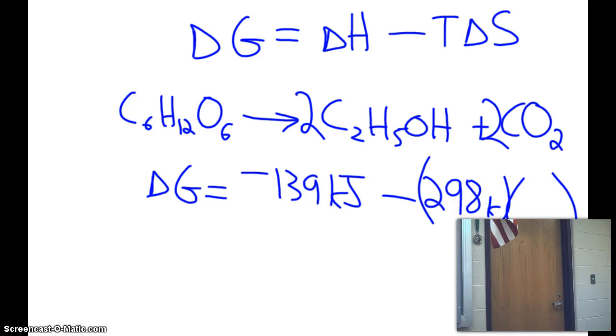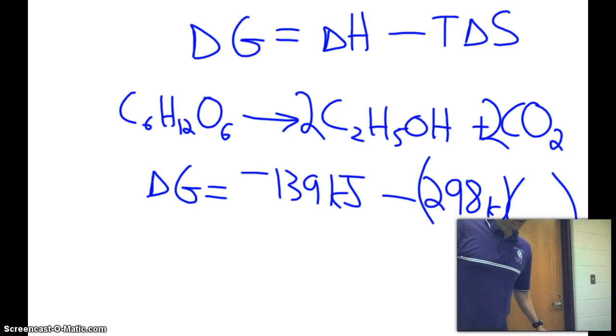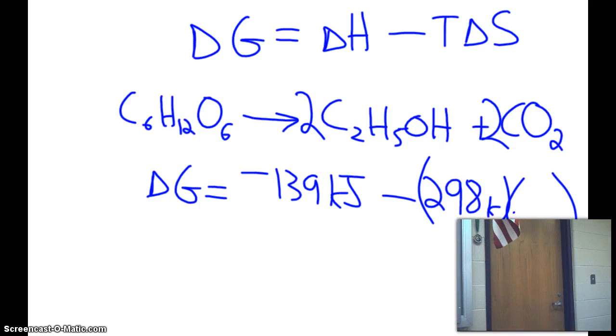And now I have the number for the entropy given as 277 joules per Kelvin. Notice how I put it in as 0.277 kilojoules per Kelvin. I divided it by 1,000 to put it into kilojoules.